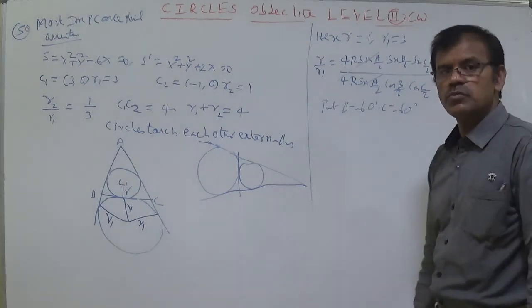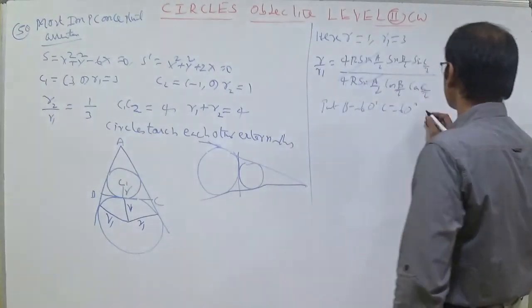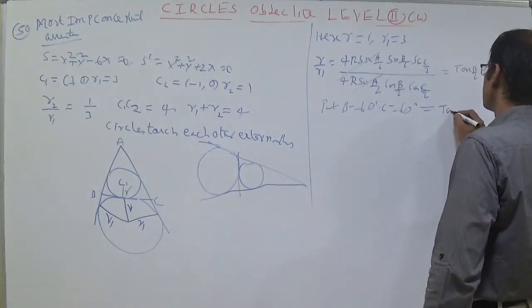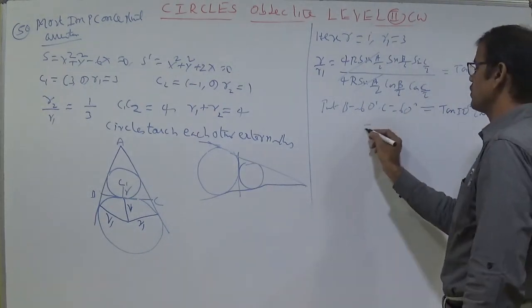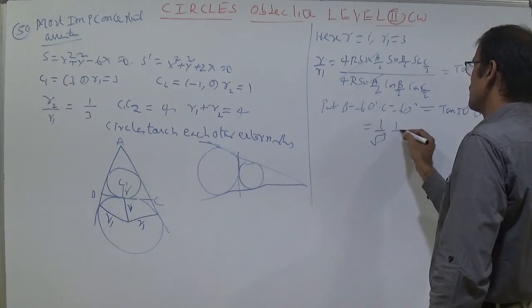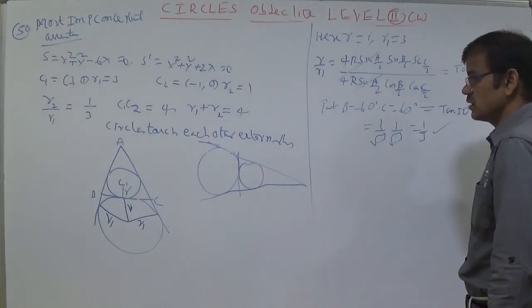Of course, whenever B and C are 60, A automatically becomes 60. B is equal to 60 and C is equal to 60, it becomes tan 30 into tan 30. Tan 30 value is 1 by root 3, and again 1 by root 3, so 1 by root 3 into 1 by root 3 becomes 1 by 3.